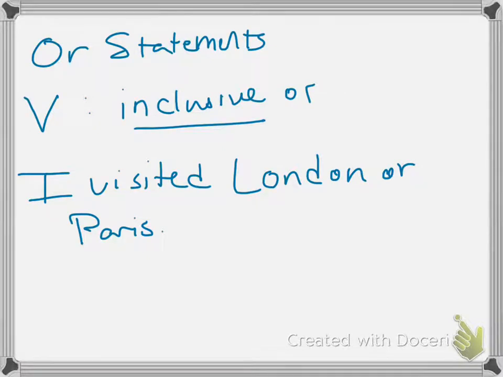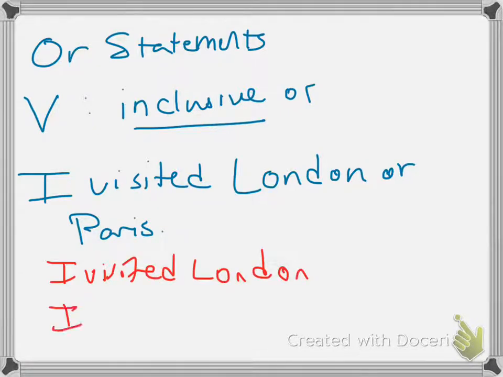All right, or statements. It's important for you to be aware that in logic and in math, whenever we use the word or, we are using it as an inclusive or. So, I visited London or Paris. That could mean that I visited London, or that I visited Paris, or both.